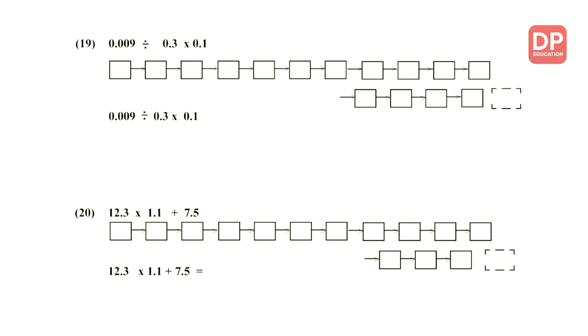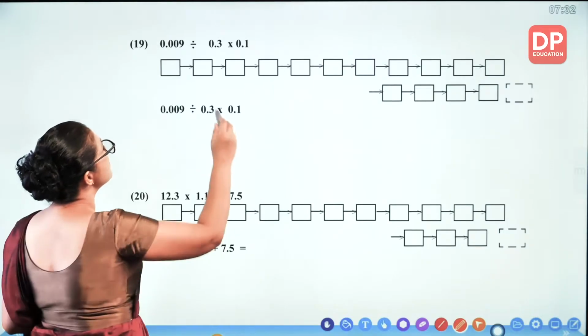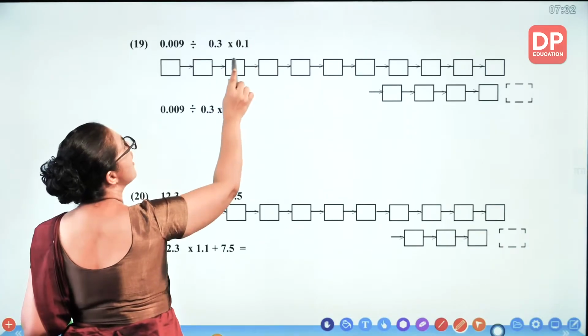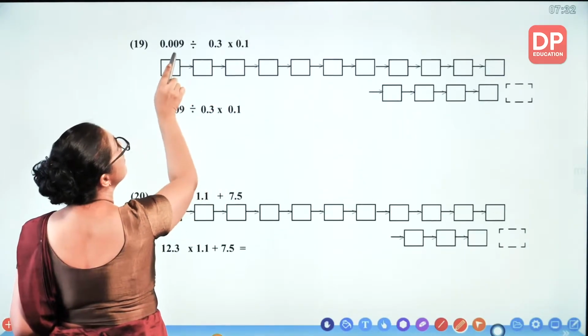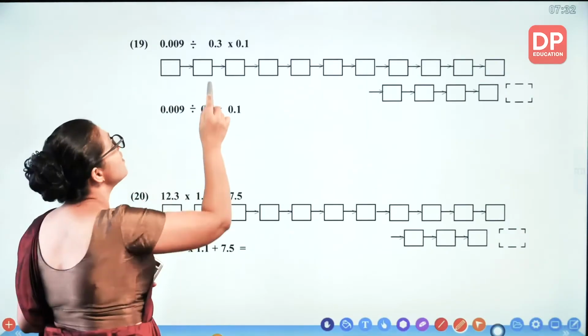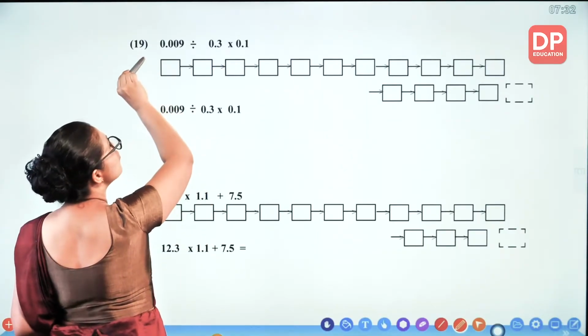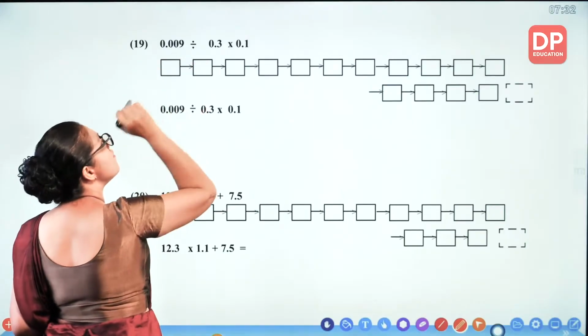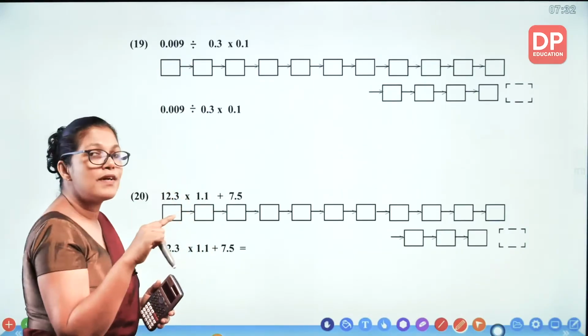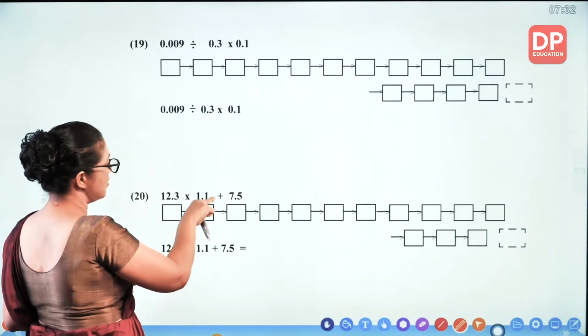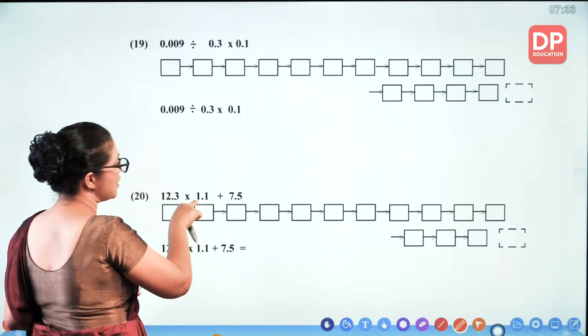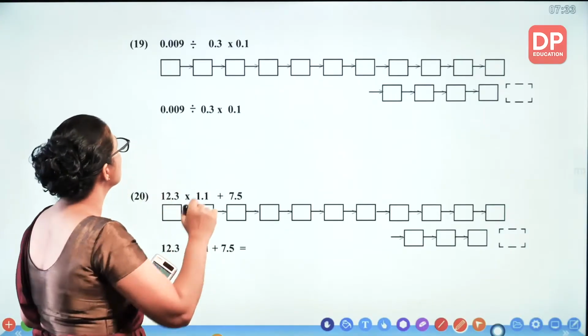Now, according to BODMAS, if you are doing this with the ordinary calculator, you have to do multiplication and division. Addition is not important here. When you start from the left side, you can perform the division first and then the multiplication. In this other one, you have to do the multiplication first and then addition.